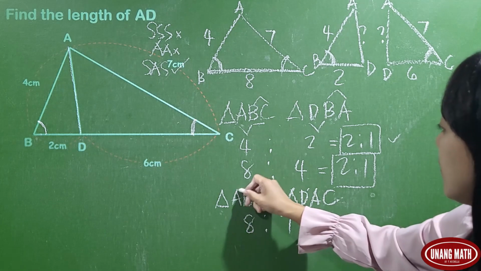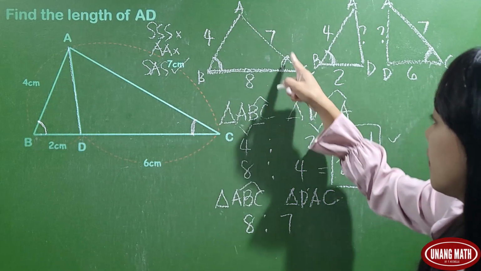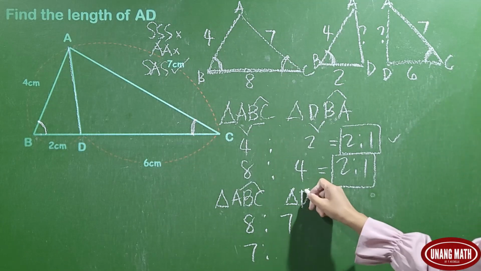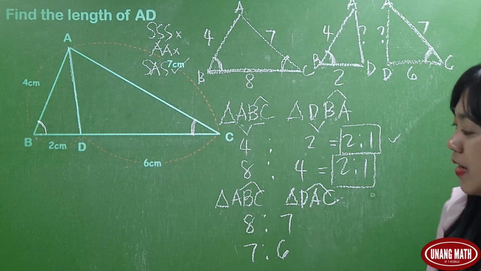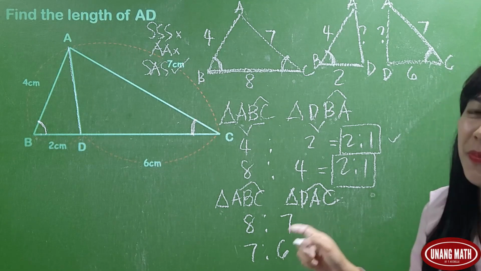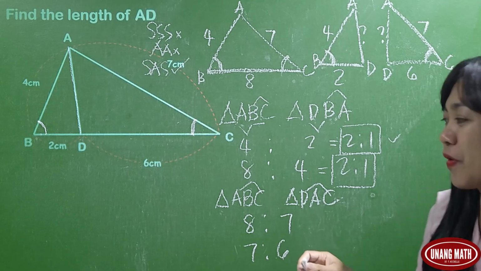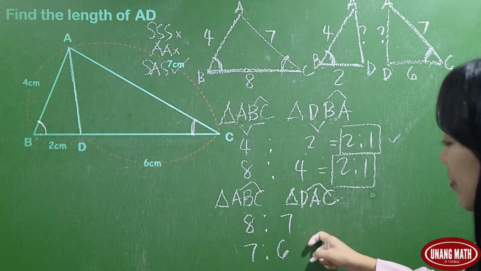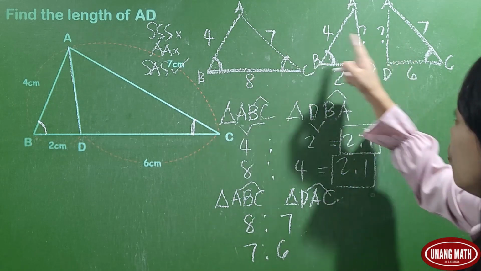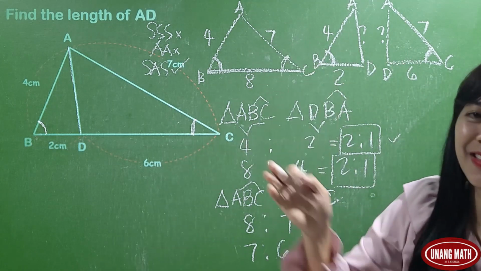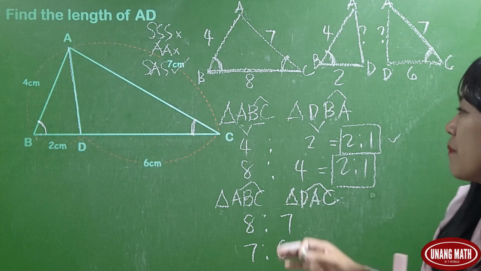AC is 7 and DC is 6. So as you can see, these two ratios of corresponding sides are not equal or constant. So it means these two triangles are not similar figures.